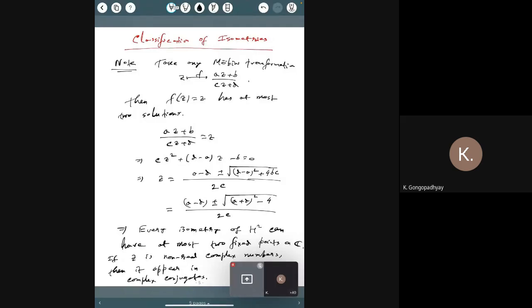All right, so this gives you the classification of isometries in 3 classes.